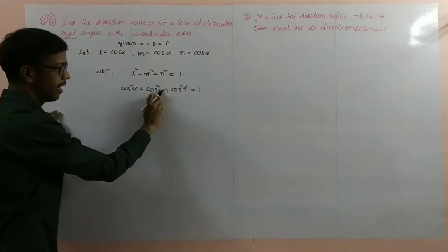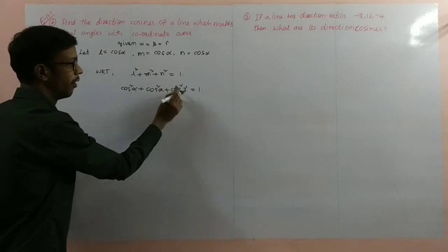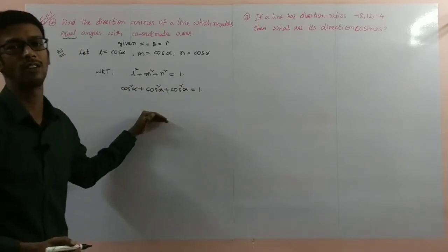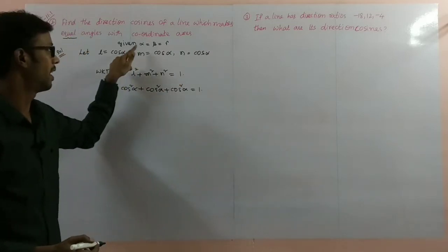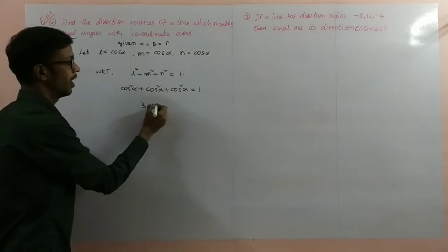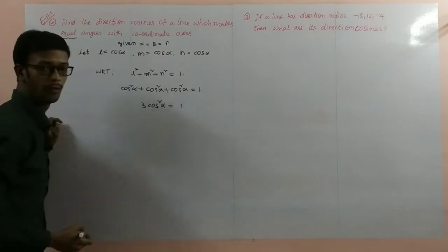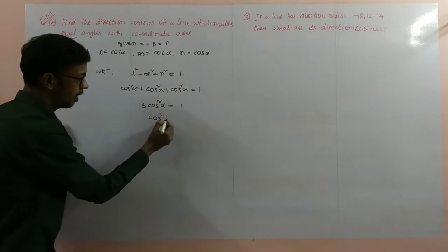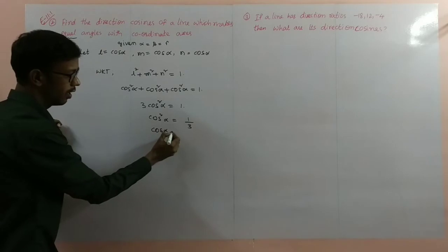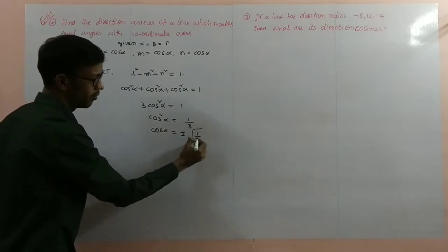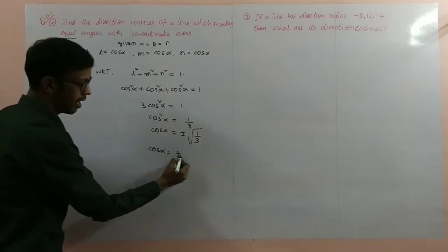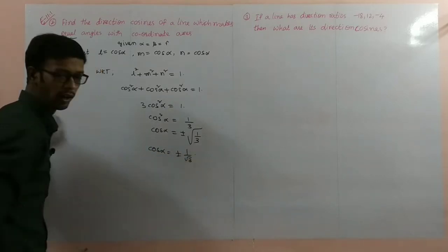In place of beta and gamma we can write alpha. So 3 cos square alpha equal to 1. Cos square alpha equal to 1 by 3. Cos alpha equal to plus or minus square root of 1 by 3, that is plus or minus 1 by root 3.